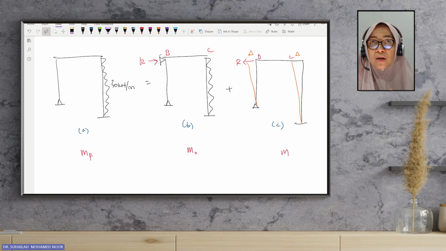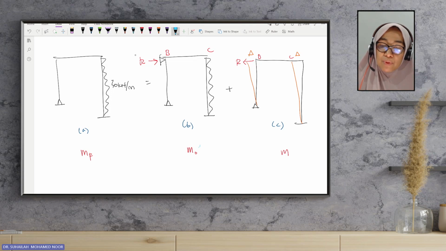We cannot calculate the end moment directly because the delta is unknown. So we have to introduce another diagram which is proportional to C, but we change the label. The label R becomes R prime, delta becomes delta prime, and M becomes M prime.